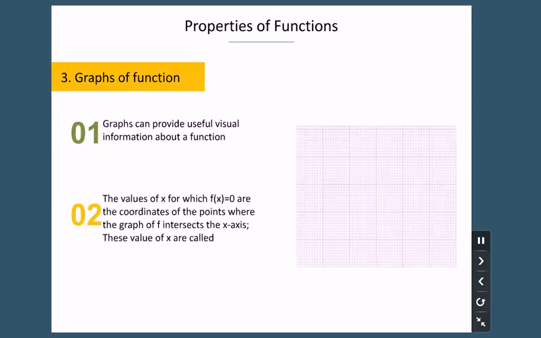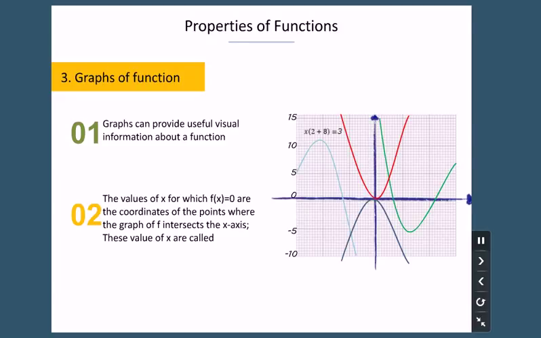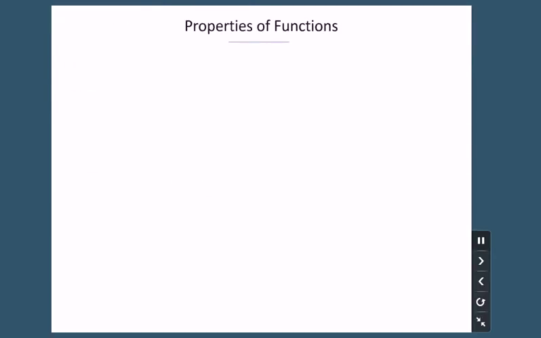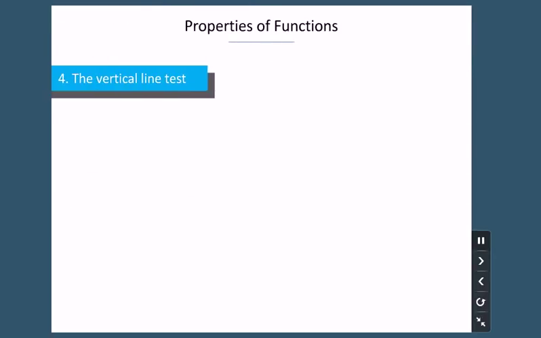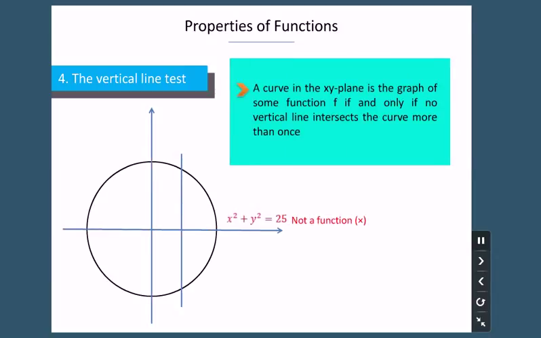The values of x for which f(x) equals 0 are the coordinates of the points where the graph of f intersects the x-axis. The vertical line test: a curve in the xy plane is the graph of some function f if and only if no vertical line intersects the curve more than once.